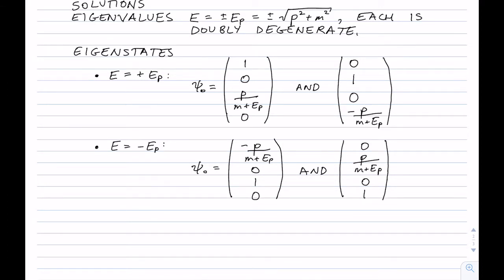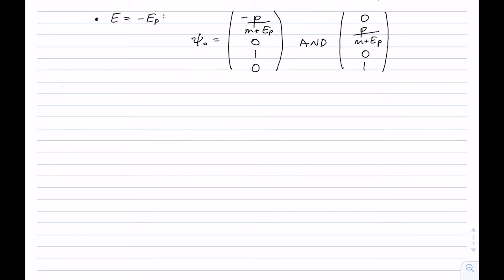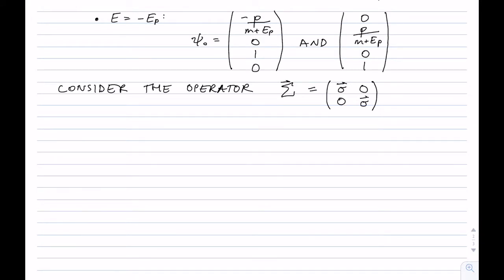So I said that this is spin space, and now I'm going to kind of prove that. So consider the operator sigma, which is a vector operator, and it's a diagonal spin operator like that.